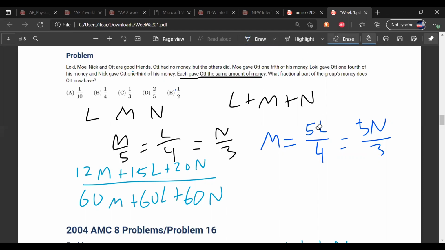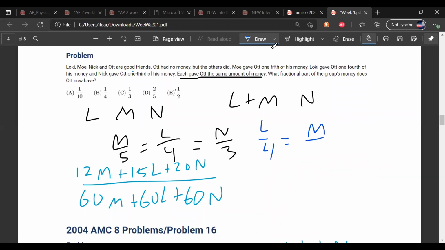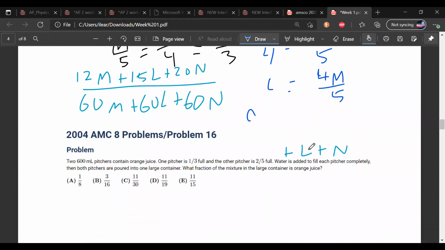Wait, sorry. There's actually an even better way to do it. L over 4 is equal to M over 5, so L is equal to 4M over 5. We also know that N over 3 is equal to M over 5, so N is equal to 3M over 5.